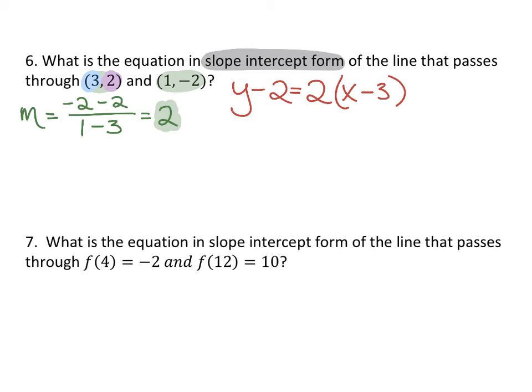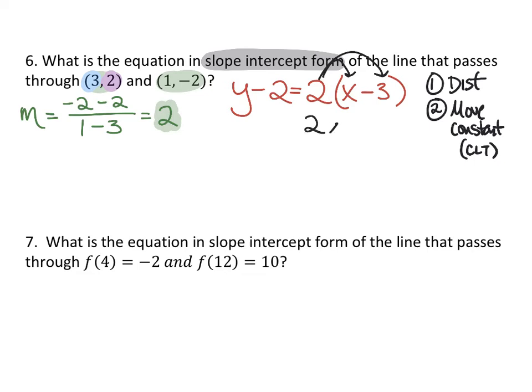So very easily, 2 steps. 1, distribute. 2, move the constant. And CLT, combine like terms. Those are the 2 things we have to do. Distribute, boom, boom. This is going to be 2x minus 6, because I'm multiplying 2 times x and 2 times negative 3.